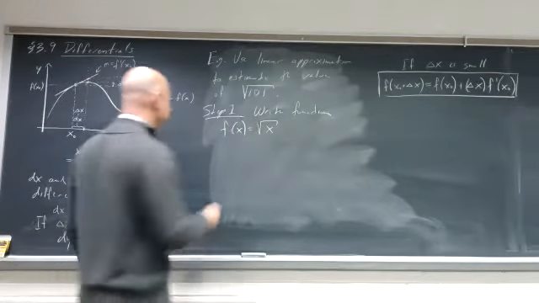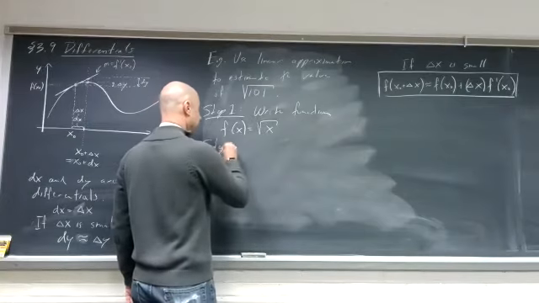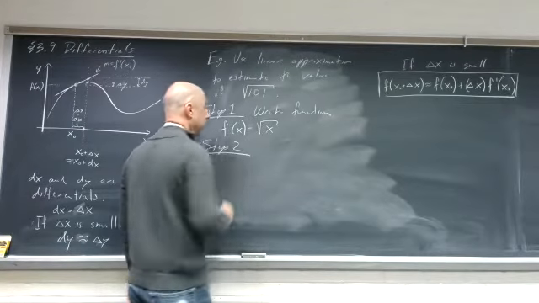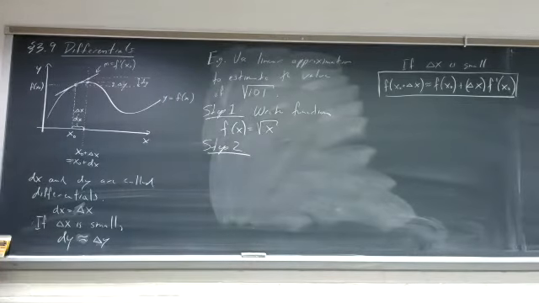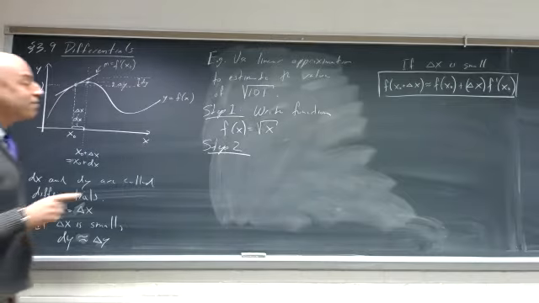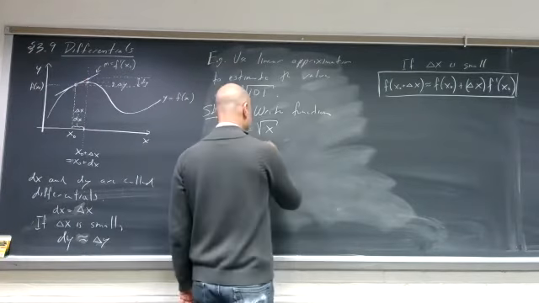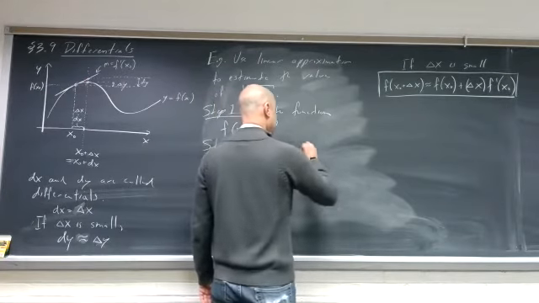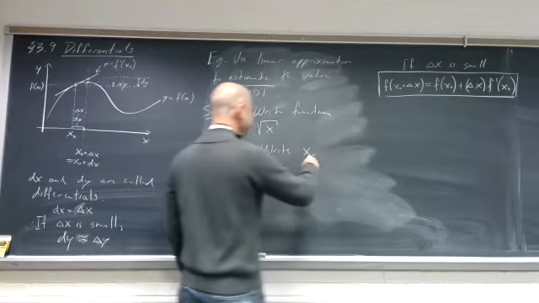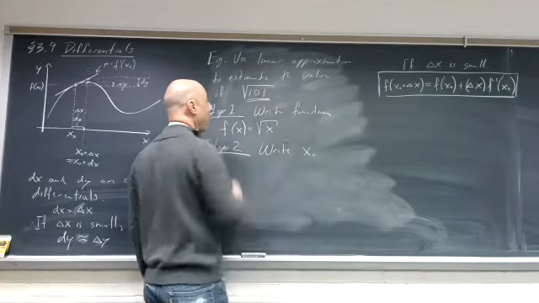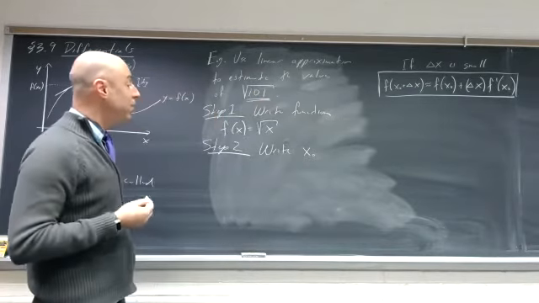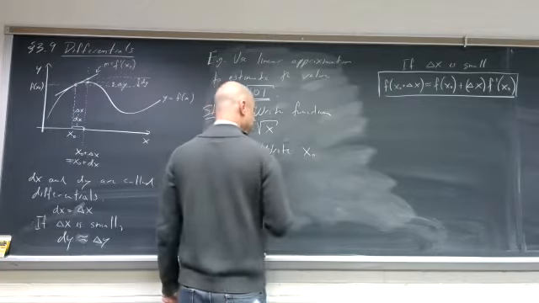Step two is going to be find x naught. So write x naught. And that's a nearby value to 101 that is easy to compute the square root of.